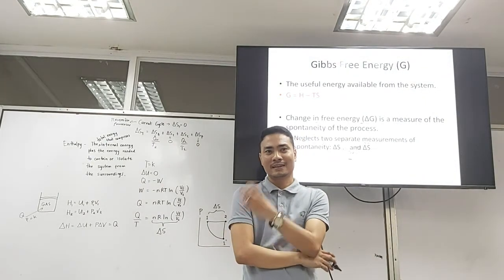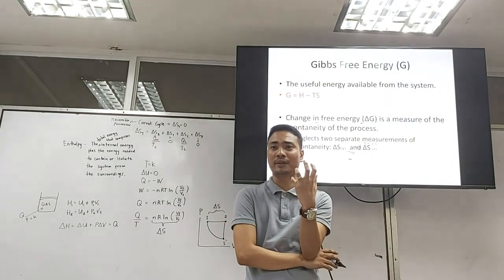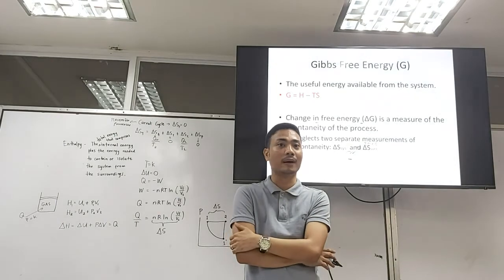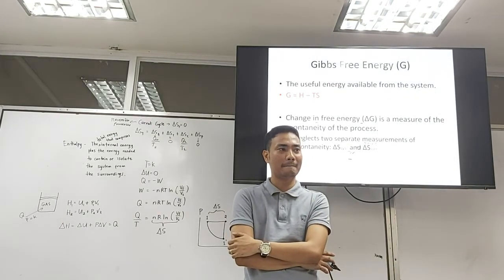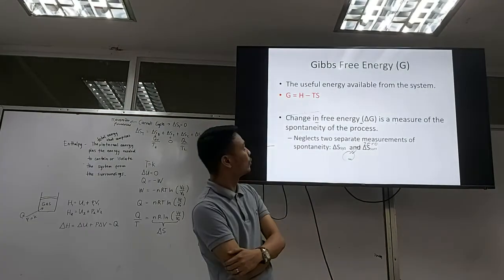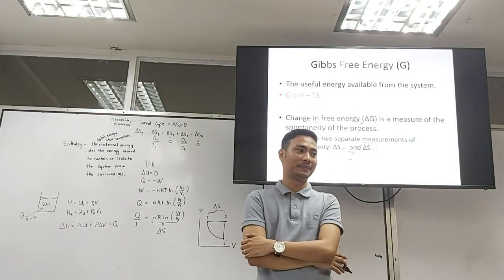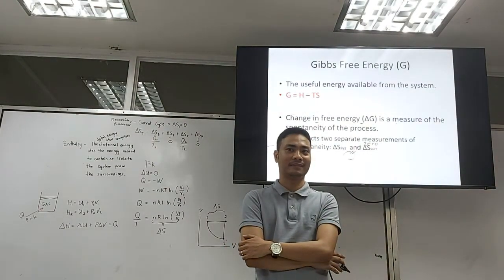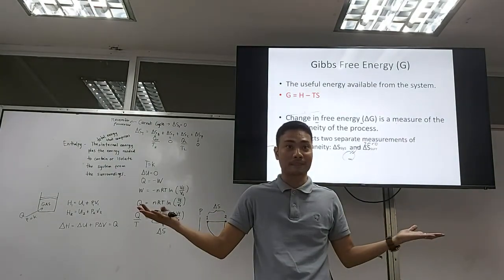But this Gibbs free energy is also another thermodynamic property, which is for me, no, the most interesting one. Why is that? What is Gibbs free energy? That is what? The useful energy available from the system. Ibig sabihin, meron tayong total energy H, tama ba? Right?